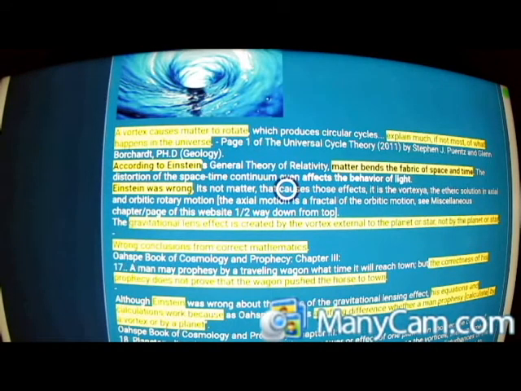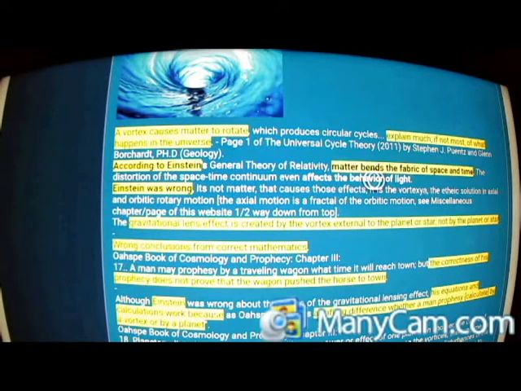That's from page 1 of the Universal Cycle Theory, published 2011 by Stephen J. Puentz and Glenn Borchardt, PhD in geology and geophysics. According to Einstein's general theory of relativity, matter bends the fabric of space-time. The distortion of the space-time continuum even affects the behavior of light.